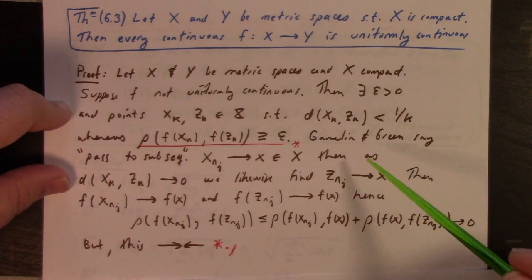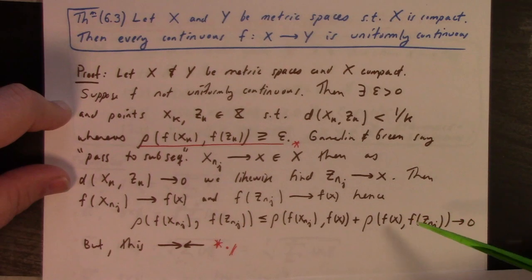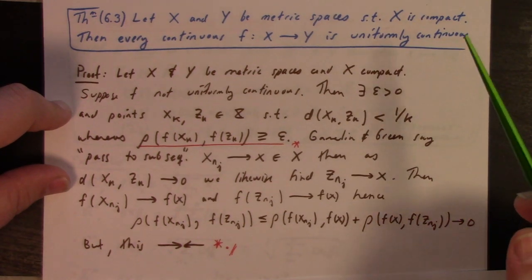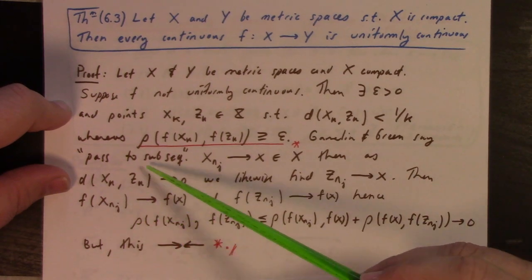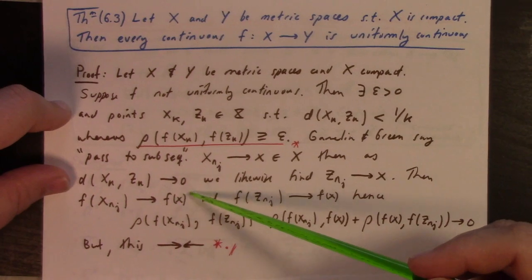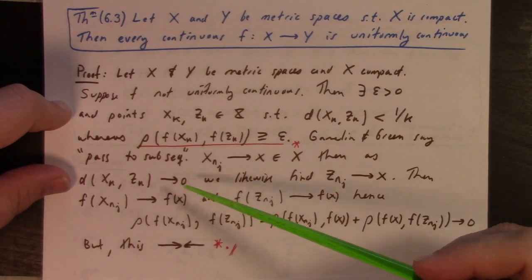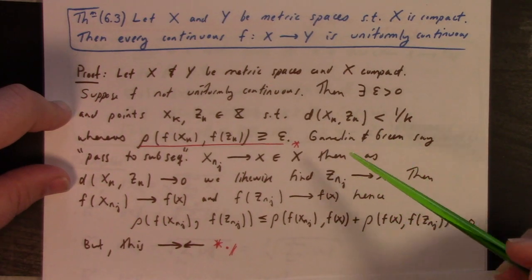I think to say otherwise would be to violate this assumption. Anyway, so we have f of x of n sub j goes to f of x, and also f of z of n sub j goes to f of x.